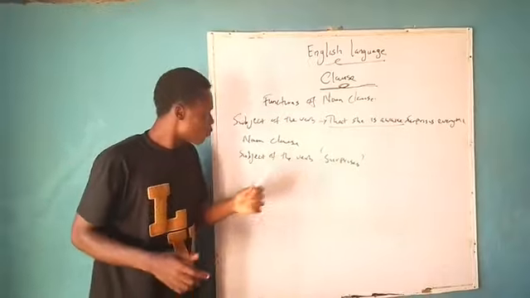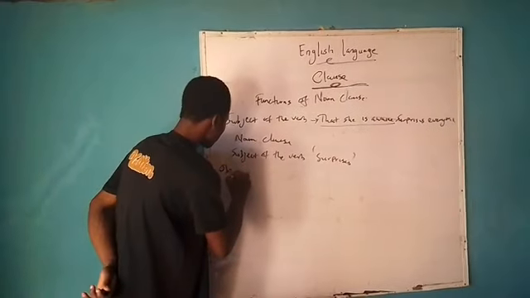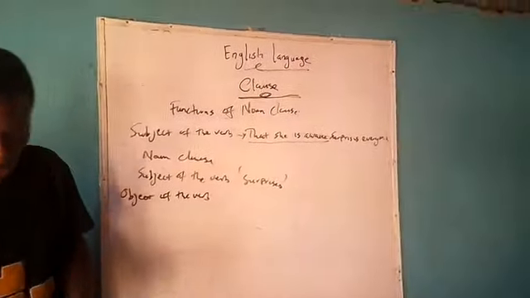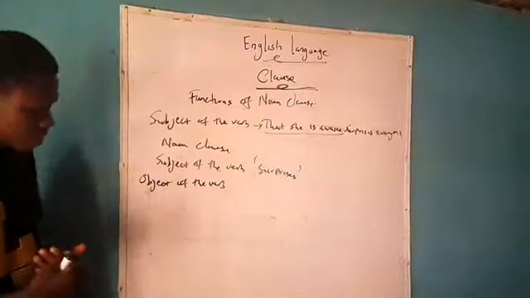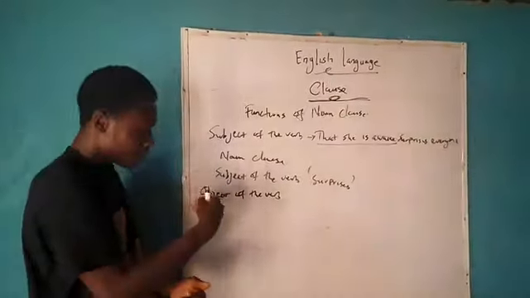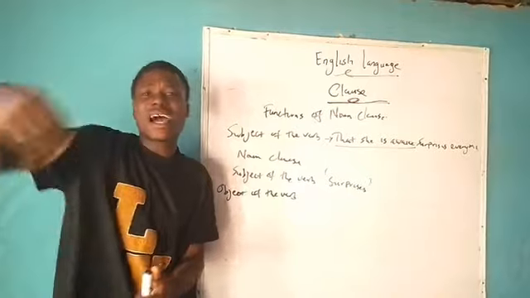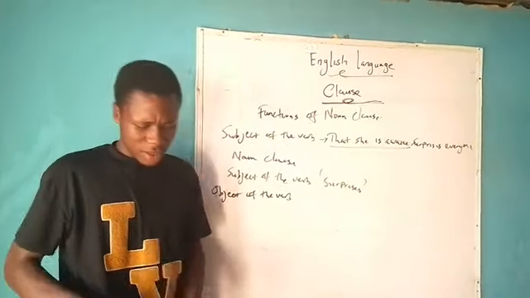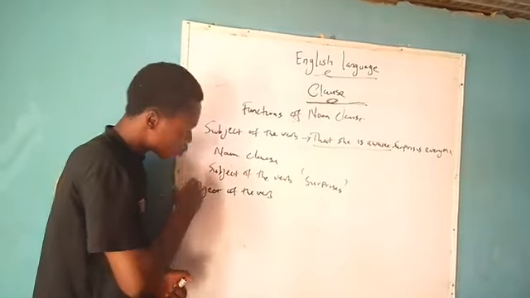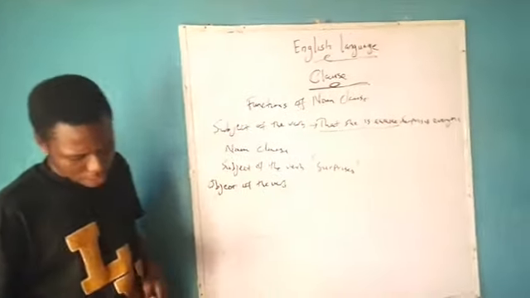Now let's continue. Let's move to object of the verb. Object of the verb. When the noun clause comes immediately after the verb in the sentence, then it will function as the object of the verb. Let's look at this example.